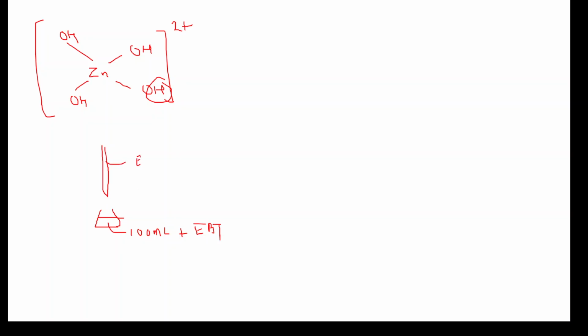EDTA is a better, stronger complexing agent. So what will happen? This was forming a complex with Ca. Now when EDTA comes, Ca starts forming a complex with EDTA, so the color will change. A strong complexing agent can always remove a weak complexing agent.